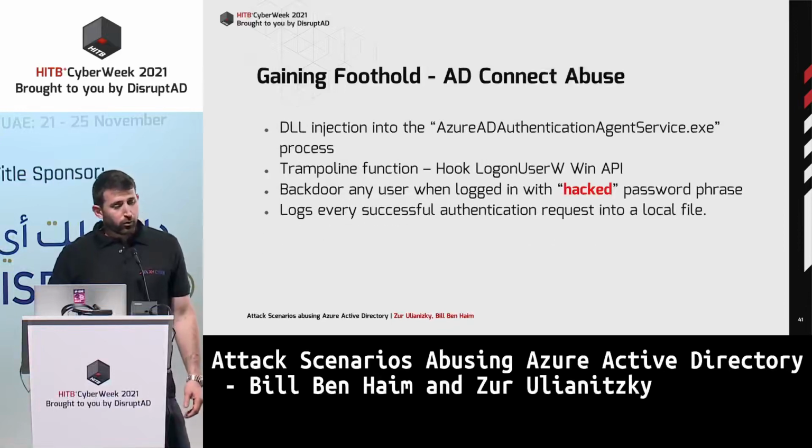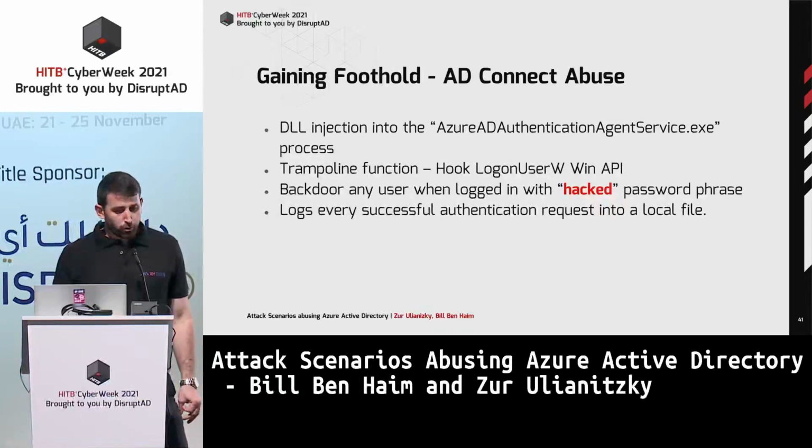So we have implemented an attack which is going to exploit the pass-through authentication of AD Connect, as shown by Adam Chester. During this attack, we're going to perform a DLL injection into the Azure AD Authentication Agent service inside the on-prem machine.